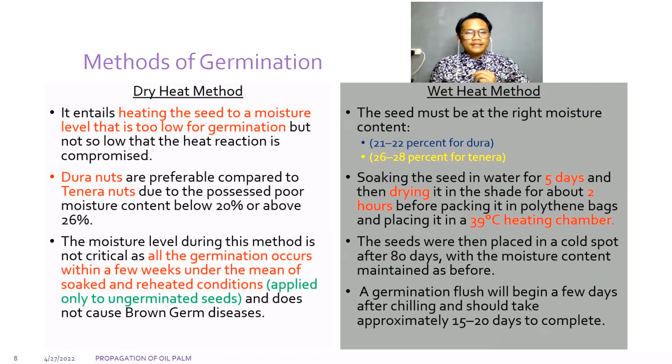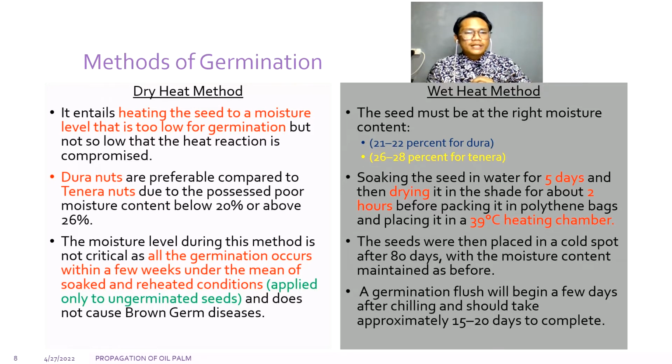The seed germination method is divided into two methods: the dry heat method and the wet heat method. As for the dry heat method, the seed is heated to a moisture level that is not too low for germination, but the heat reaction is compromised. Dura nuts are preferable compared to Tenera nuts because Tenera nuts possess poor moisture content, below 20% or above 26%.